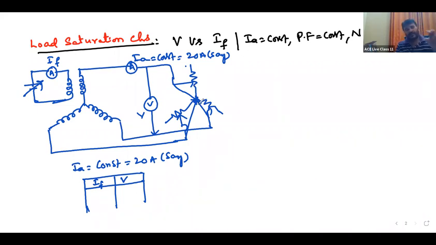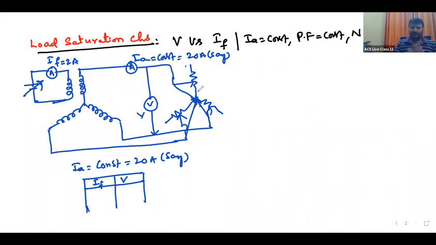For circulating 20 amperes at the first point, the short circuit test, IF is 2 amperes. Even now with the resistive load, short circuiting again, the field current is the same: IF is equal to 2 amperes to maintain the 20 amperes.